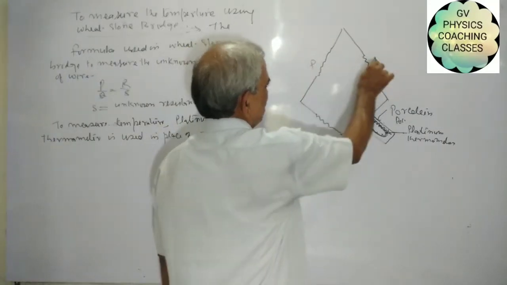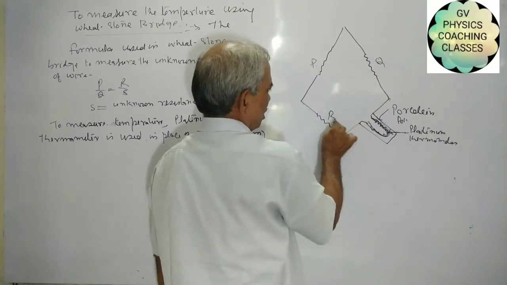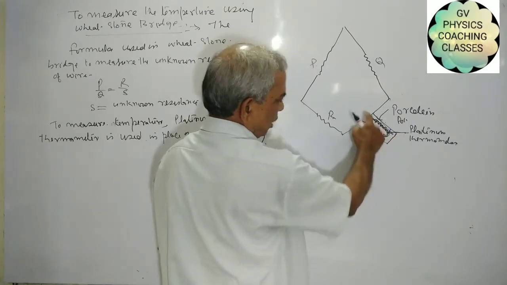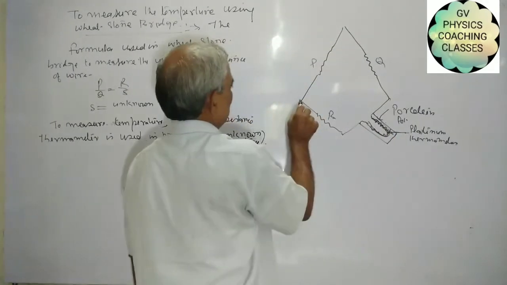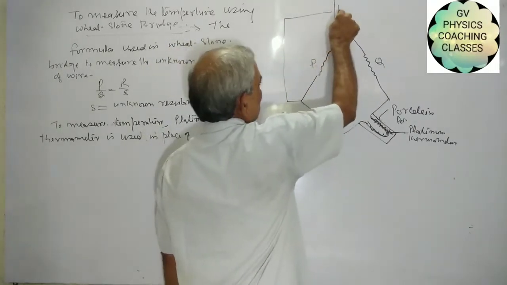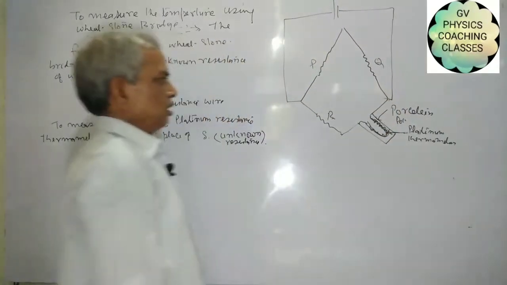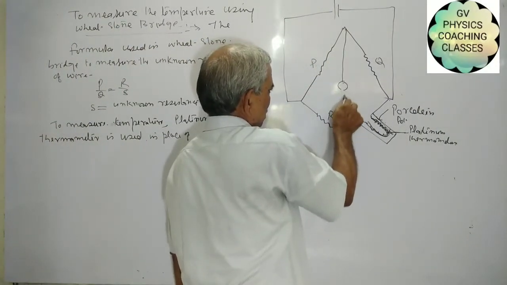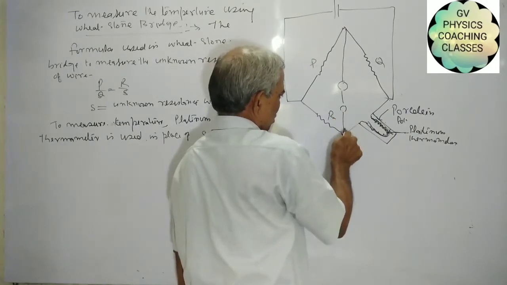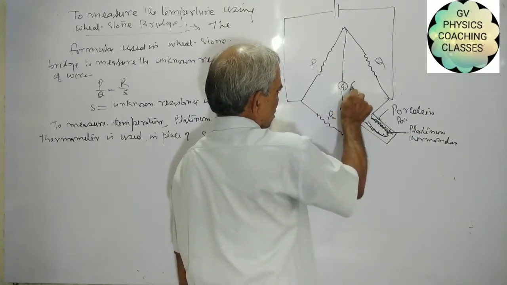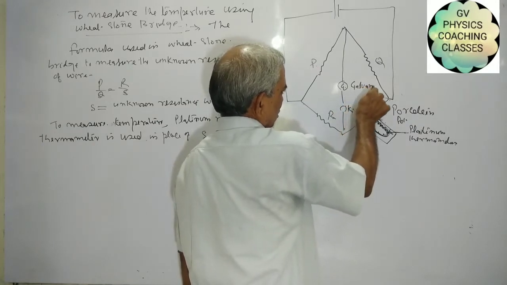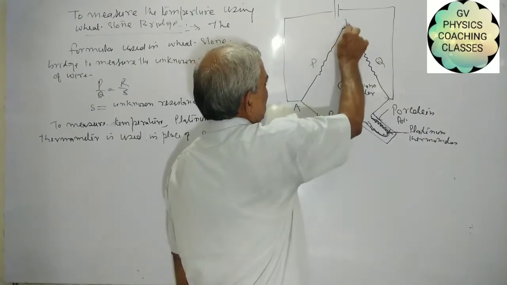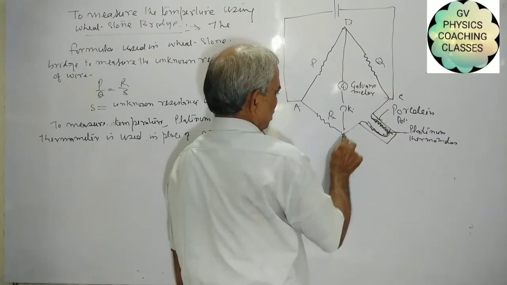This is P, this is Q, this is R, and this is the platinum thermometer in place of S. We connect it like this, and a galvanometer and a key. This is point A, this is B, this is C, and this is D.